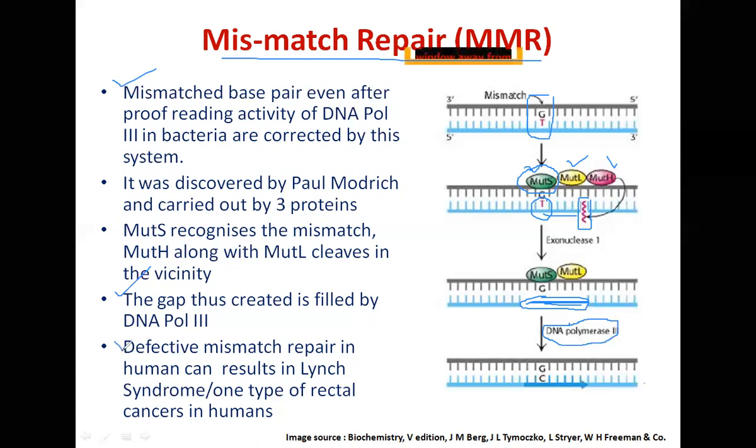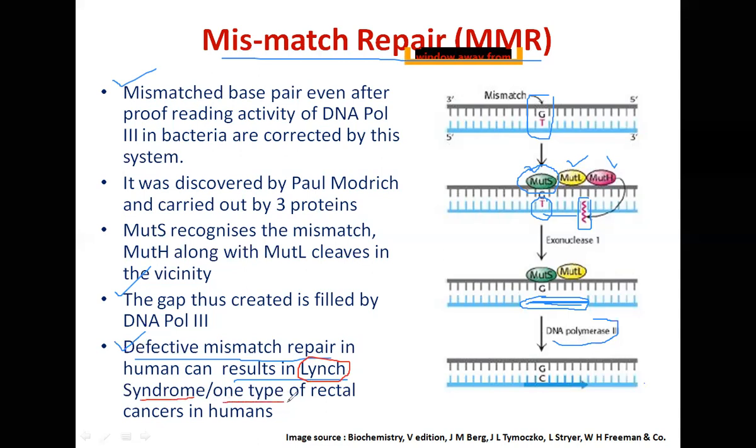In humans also, we have a similar kind of mechanism to take care of the mismatched pairs. When the mismatch repair mechanism of a person is malfunctioning or defective, then that person is likely to suffer from what is called Lynch syndrome.